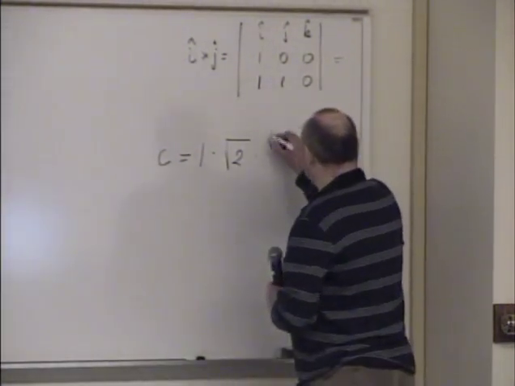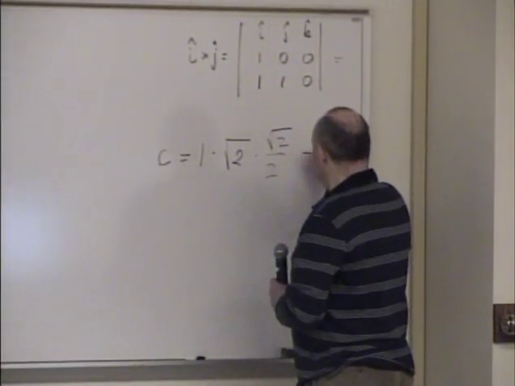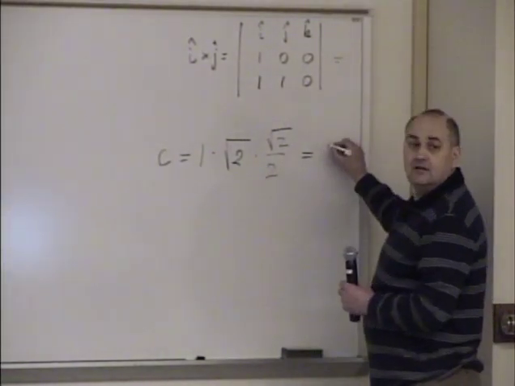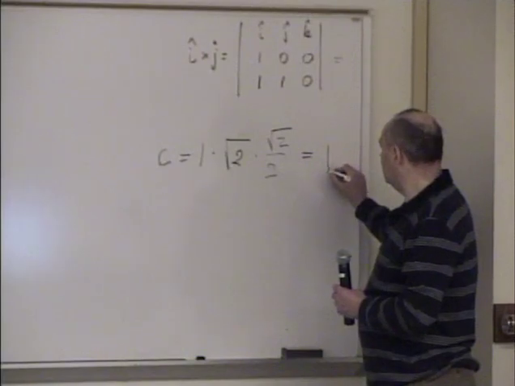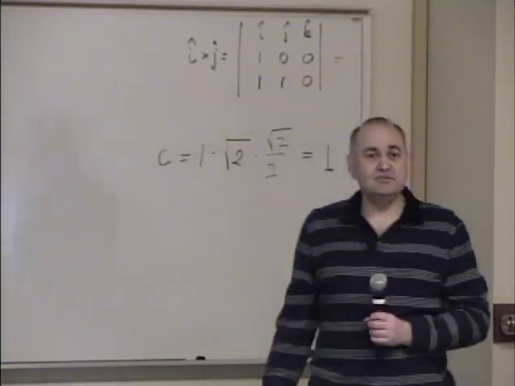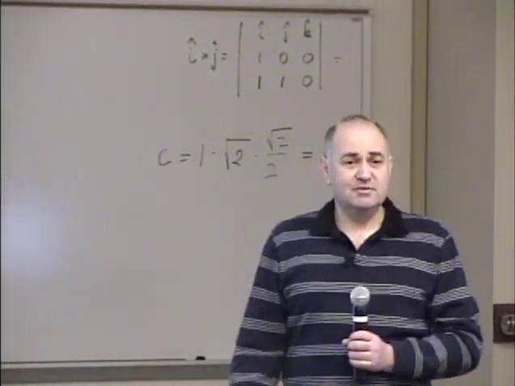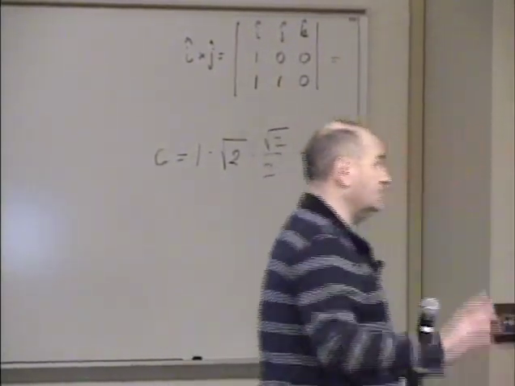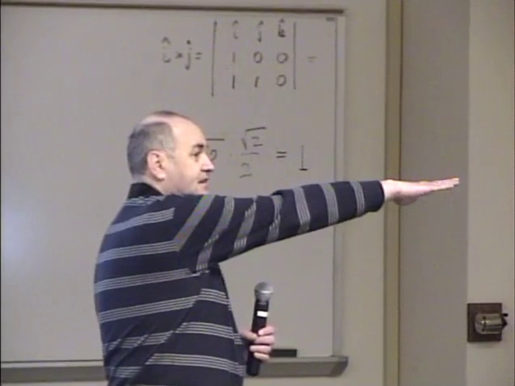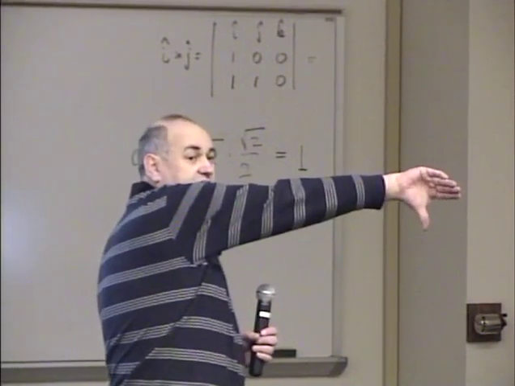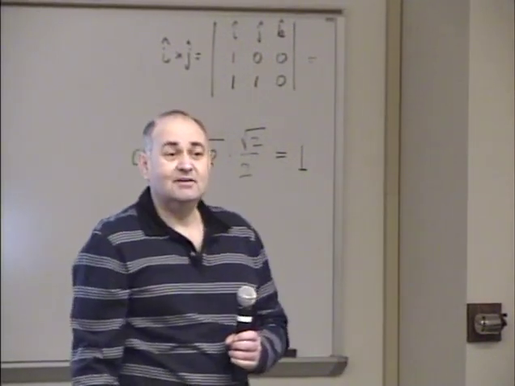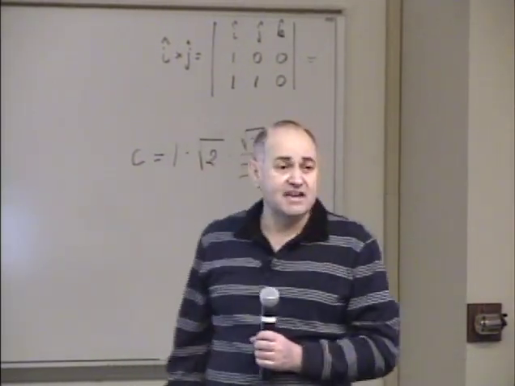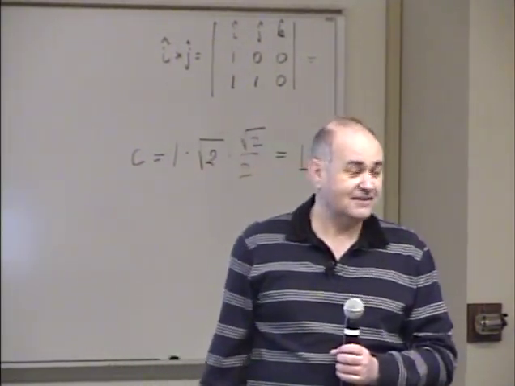So if I multiply all of these, I will get 1. All right, so magnitude is 1. Determine now the direction. The first vector is in this direction. Second vector is in this direction. So it's down, right? Which means that it's minus k. Do you see it?